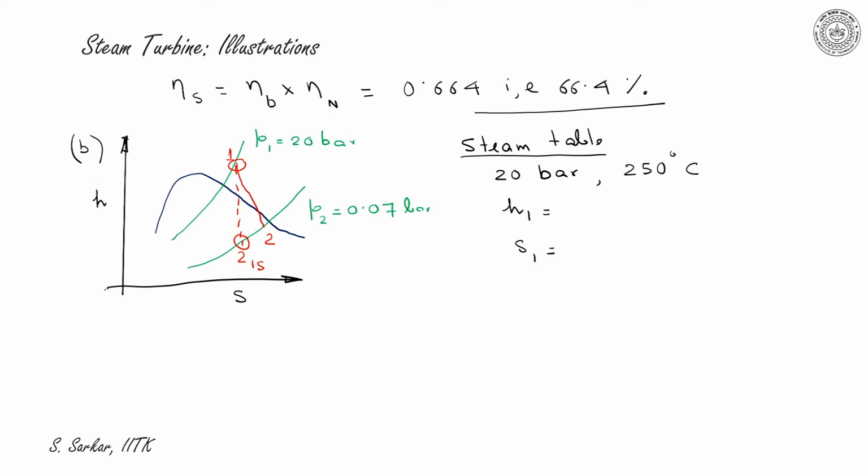I got the H1 value as 2902.3 kilojoule per kg. Now, I got the value of entropy as 6.5466 kilojoule per kg per K.